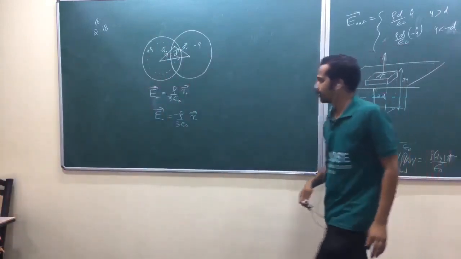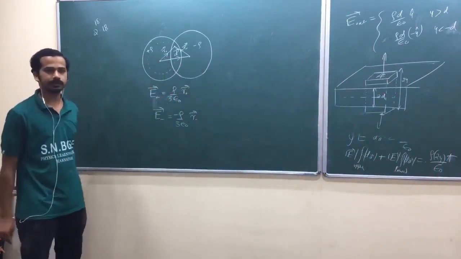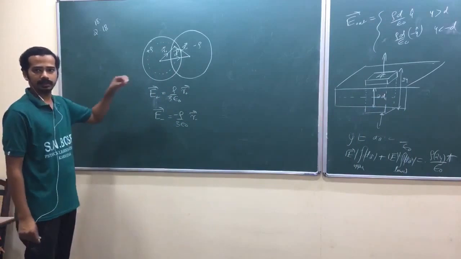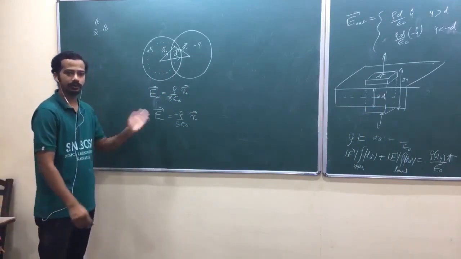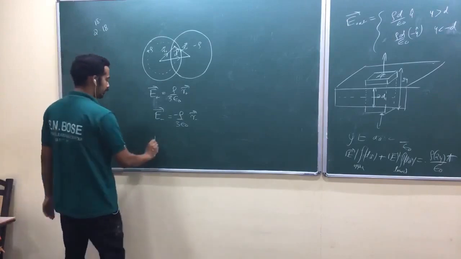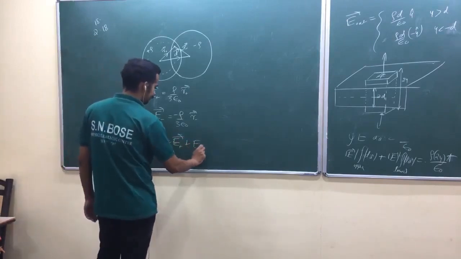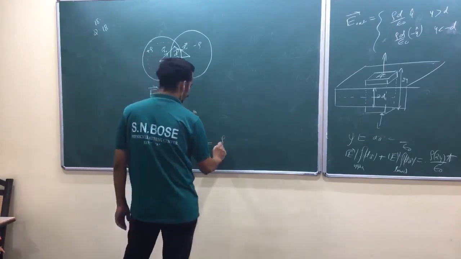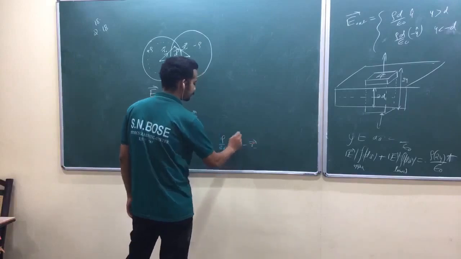Is that okay? And now what you have to do is vectorially add them. That's what our superposition principle says, am I right? At any point, you can take the electric field due to individual charges or individual charge distributions and vectorially add them. So the net electric field is equal to E plus plus E minus, is that okay? Rho by 3 epsilon naught times R plus minus R minus.